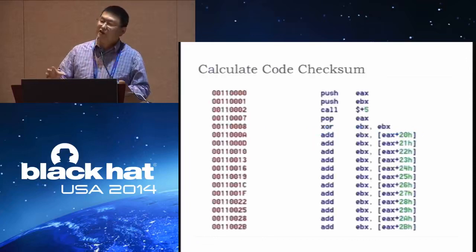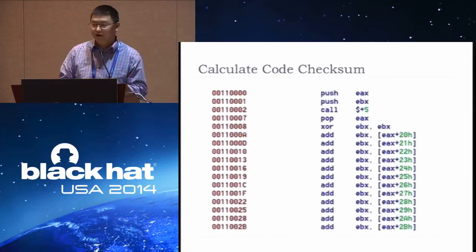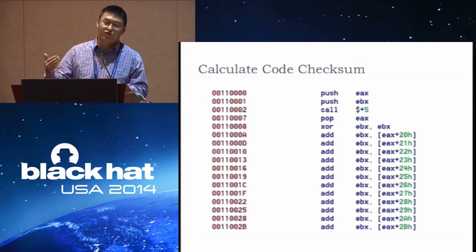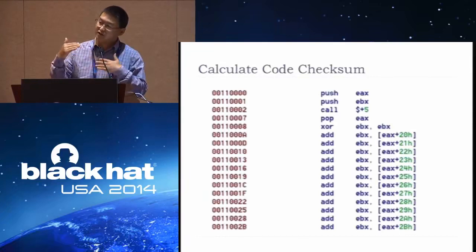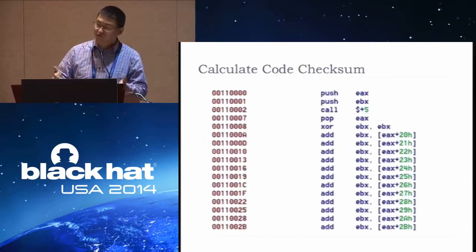So the initial idea is, think about, they will move the code to the code cache. That means in the code cache, the code eventually has to transfer back to the DynamoRIO engine. If you calculate the checksum for the runtime running code, then you will get a different value from the static code, because the DynamoRIO engine will break the code and move part of the code to the code cache and transfer back. Right? So now we design a very simple case.